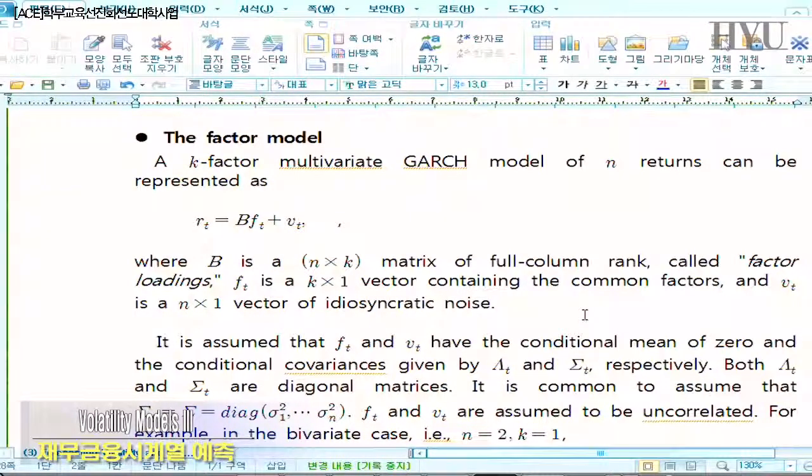And actually, this type of model has been introduced in many areas like business cycle modeling or exchange rate modeling. This particular one, I borrowed from the international finance literature, where you have many exchange rates, of course in terms of percentage change.